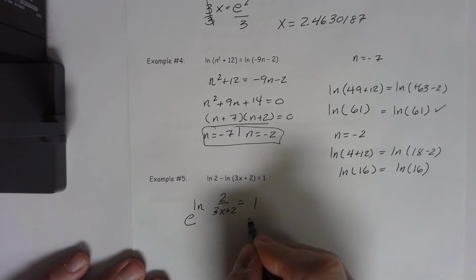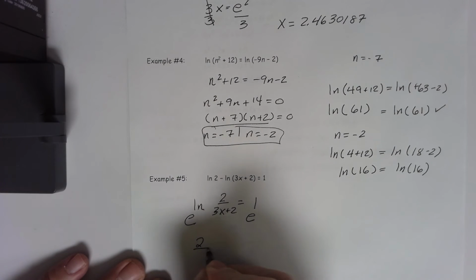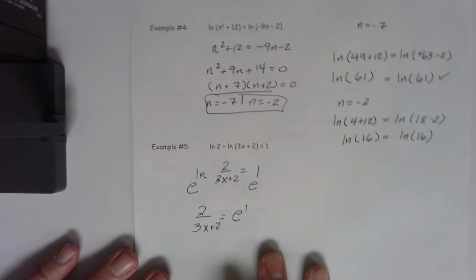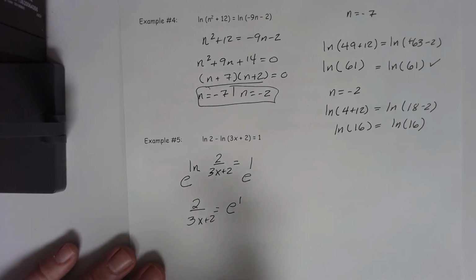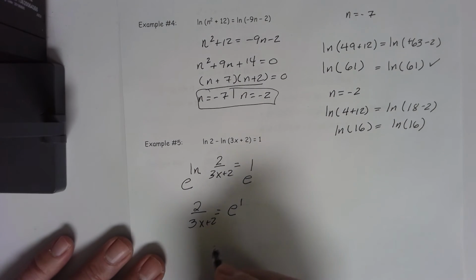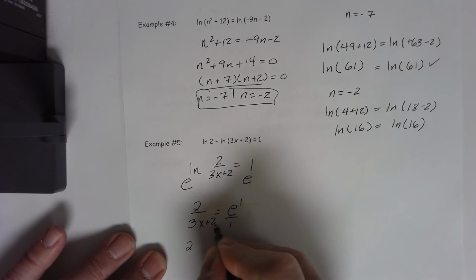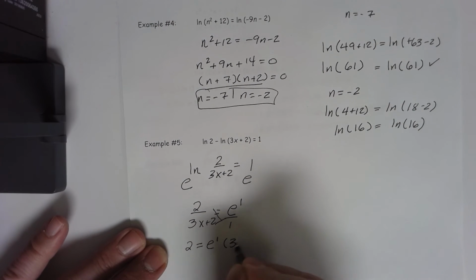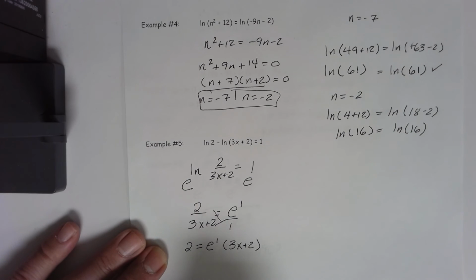Raise both to the e, and this becomes 2 over 3x plus 2 is equal to e to the first. Now, I would not suggest making e to the first into some decimal here, because it's going to be a lot to carry. So what I would do is cross multiply, right? 2 is equal to e to the first times 3x plus 2.